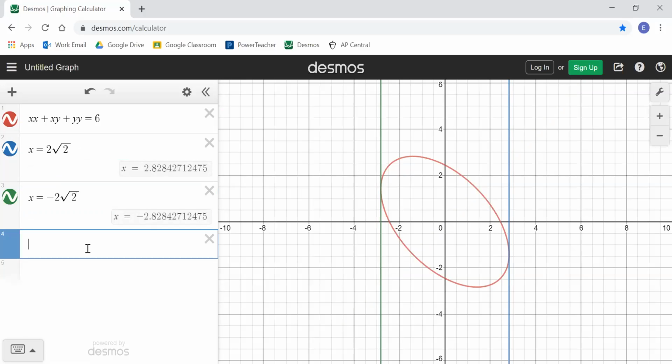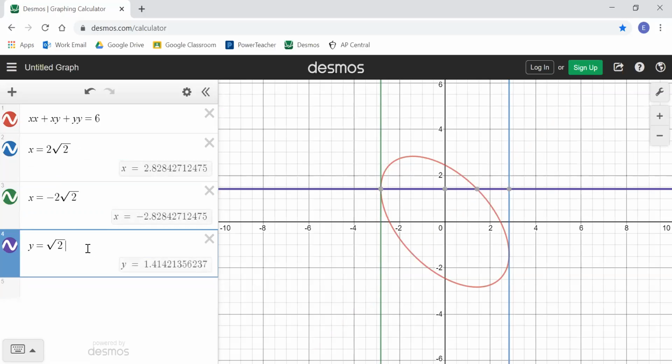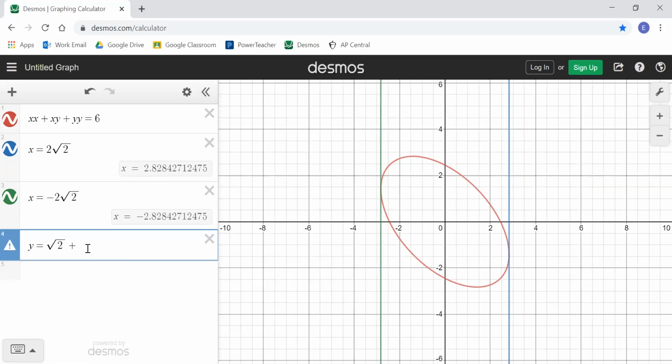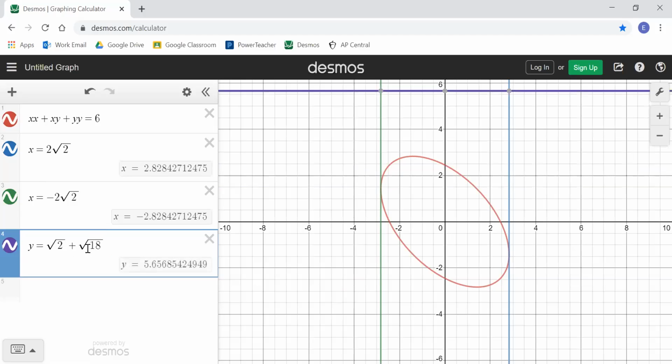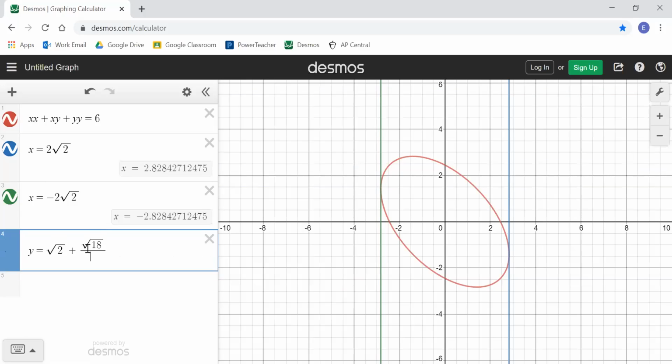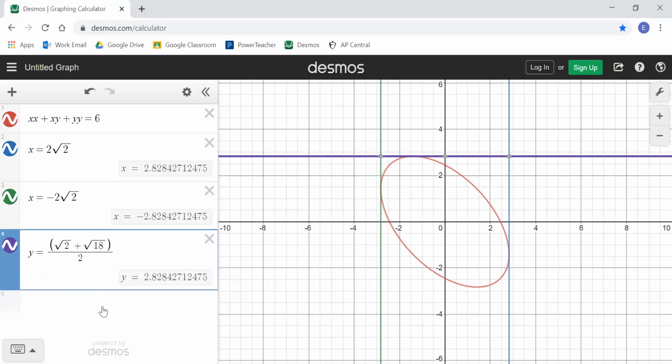And then what was our first y value there? Y equals, we had root 2 plus, what was it, root 18, divided by and then the same with the other one.